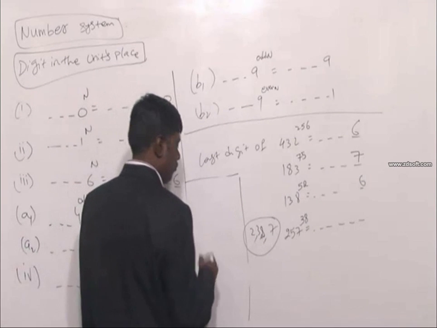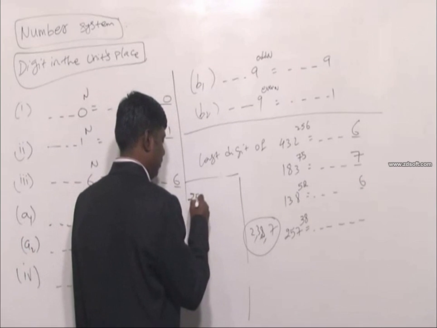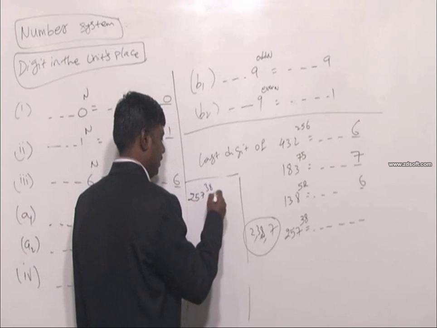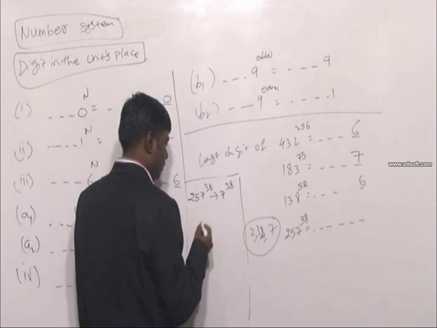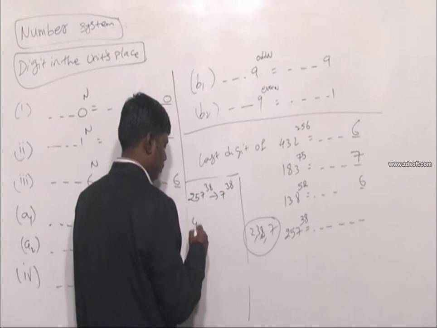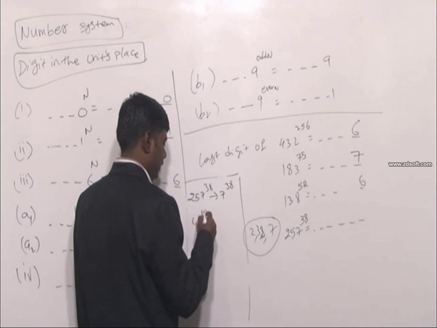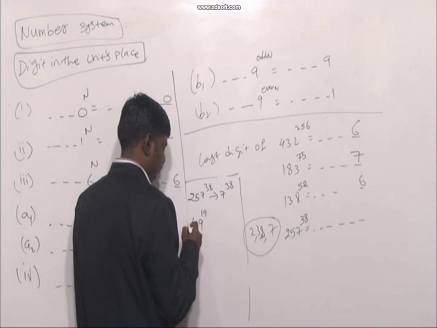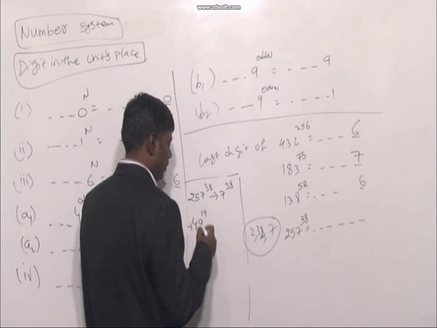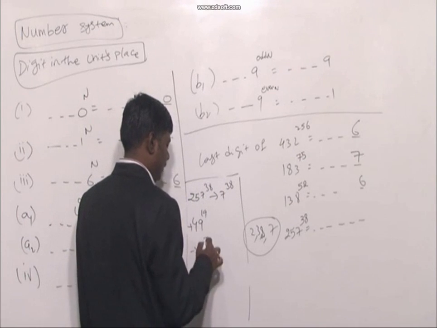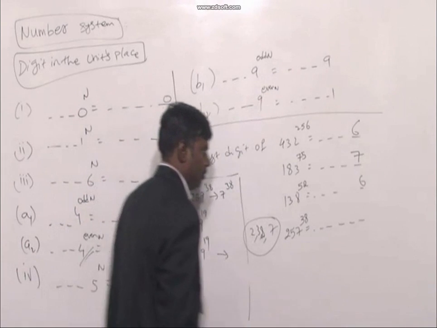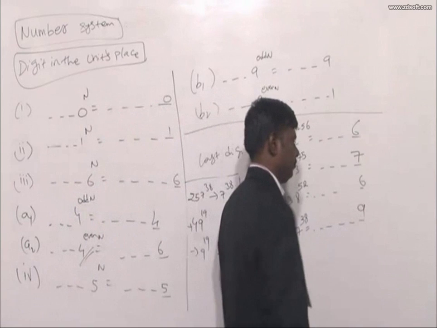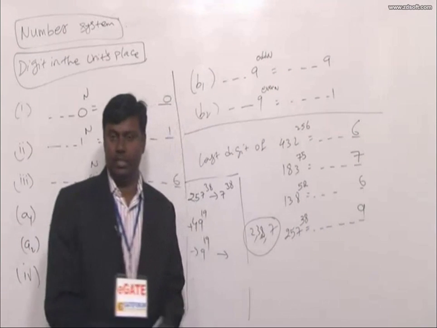Seven square is 49. So 257 power 38 is as good as 7 power 38. To find out last digit, 7 power 38 we can consider 49 power 19, right? For 49 power 19 it is as good as 9 power 19. 9 power odd will give you 9. Please take down fast.